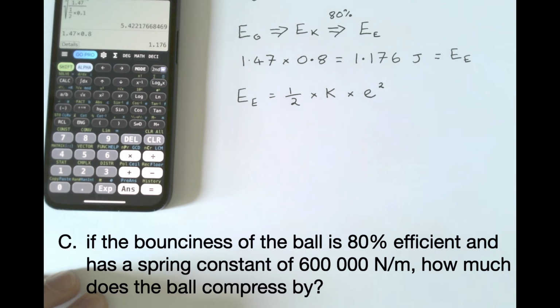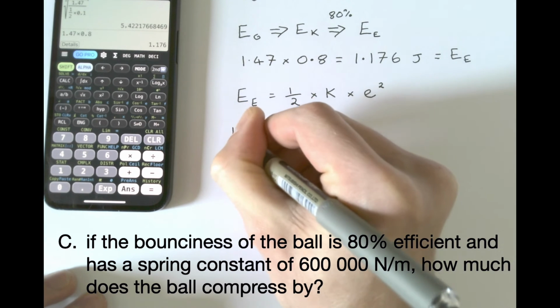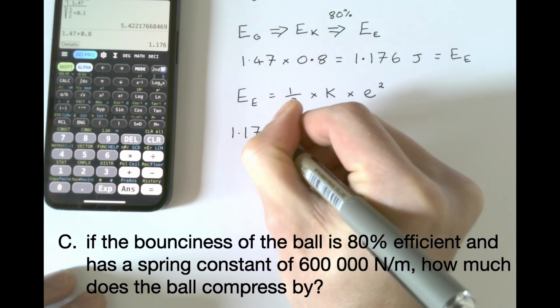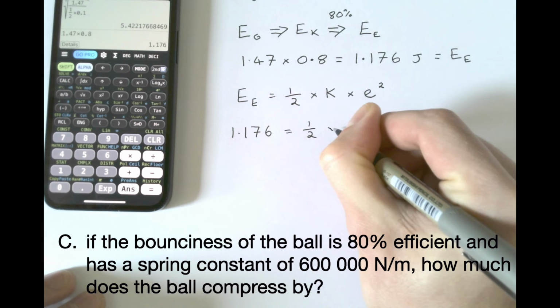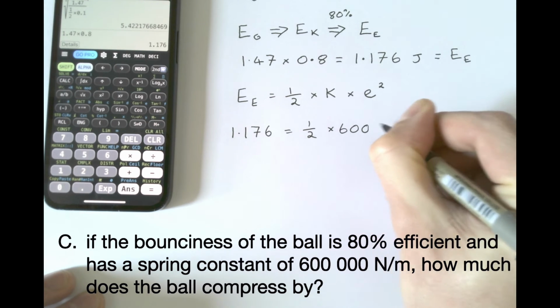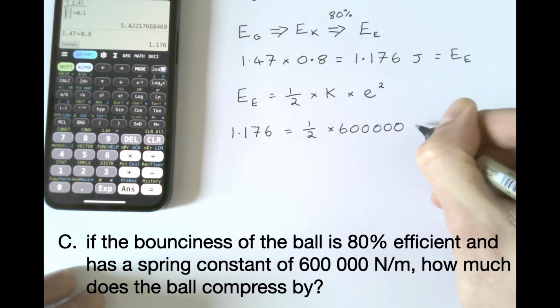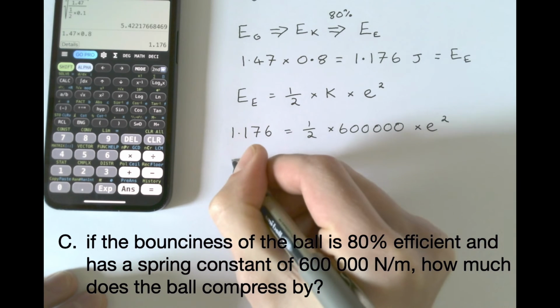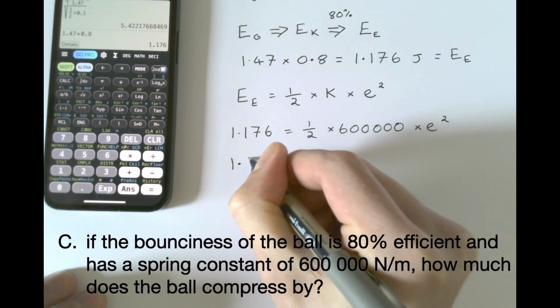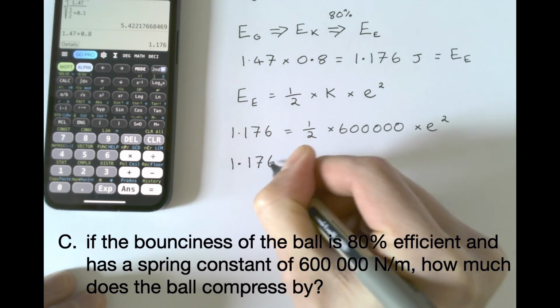So we'll just put the numbers in. 1.176, the elastic energy, equals a half multiplied by 600,000 multiplied by the extension squared. We're going to rearrange this in exactly the same way that we rearranged the kinetic energy equation.